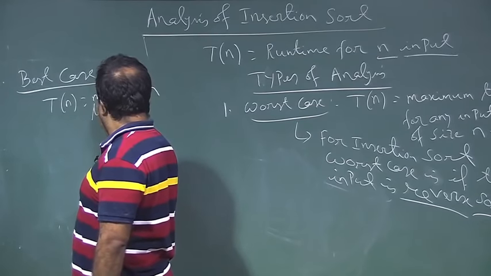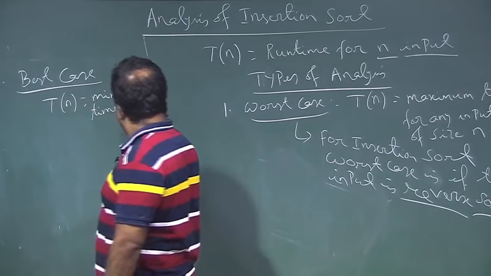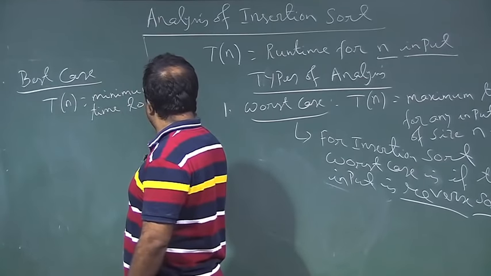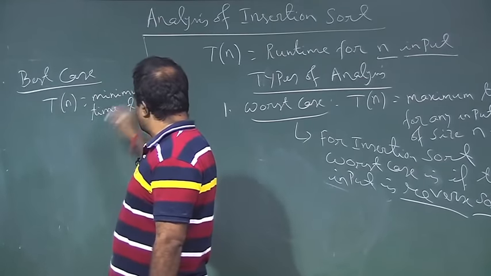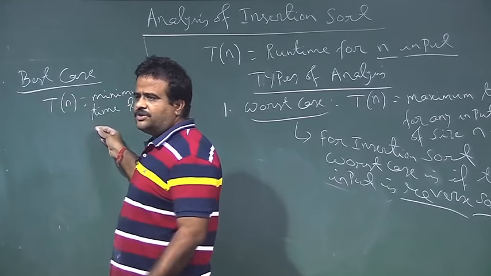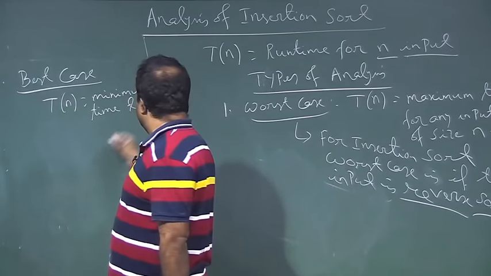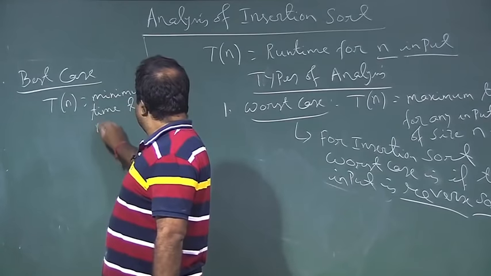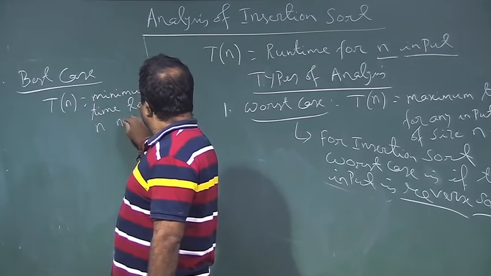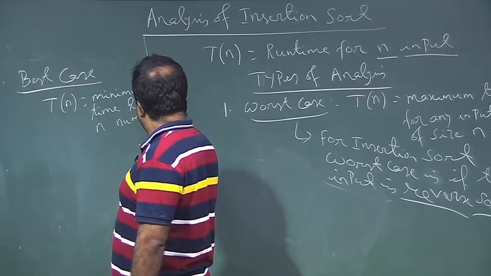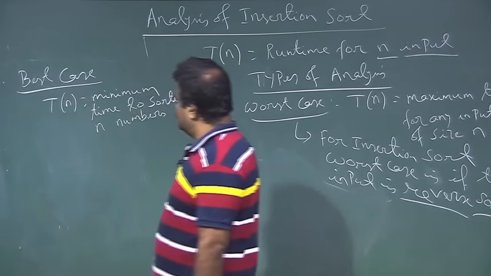We are talking about insertion sort, a sorting algorithm, so it is the minimum time to sort n numbers for an input of size n. This is the best case.